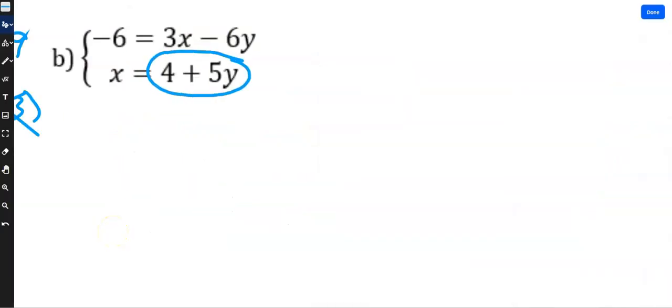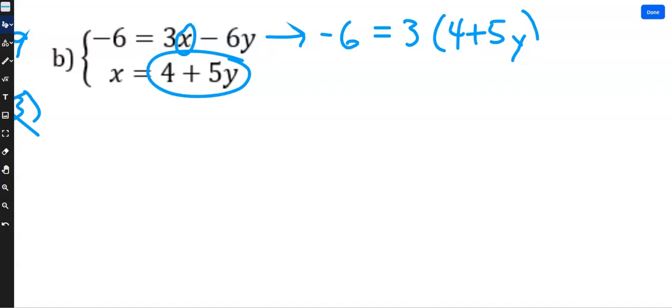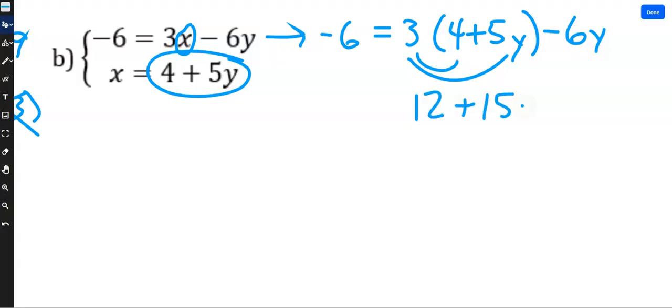We can clearly see that one of the equations is solved for x. So I'm going to be replacing the x in the first equation with 4 plus 5y. And then starting this process of distributing, right? 12 plus 15y minus 6y equals negative 6.